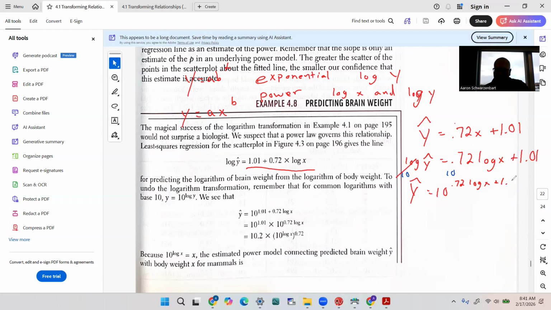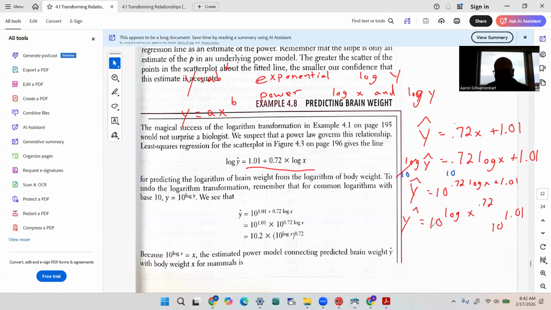That plus 1.01 is still in the exponent. So I used one exponent rule where I separate those two. And then I used my laws of logarithms to bring this to the exponent. Does that make sense? So the multiplier in front of the log goes to the exponent.